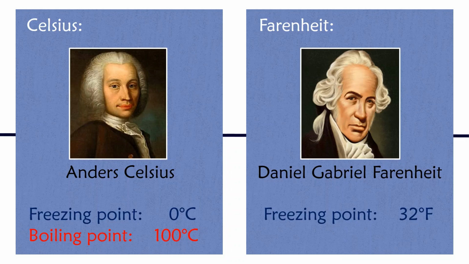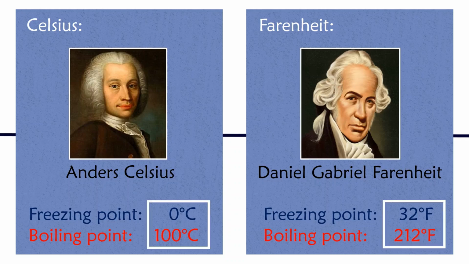On the Fahrenheit scale, the freezing point of water is 32 degrees Fahrenheit, while its boiling point is 212 degrees Fahrenheit, having 180 intervals between two reference points. The difference between these two reference points is divided equally into intervals called degrees.